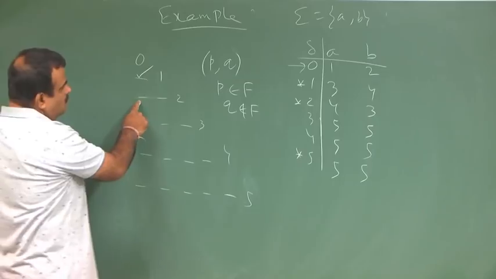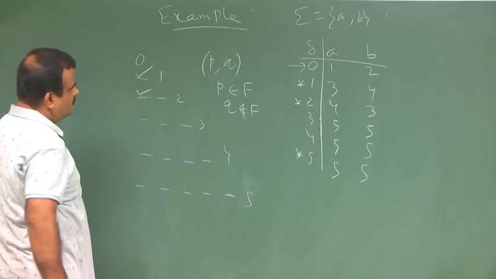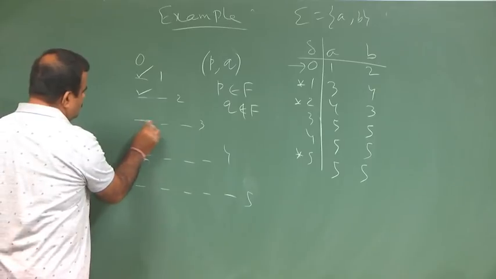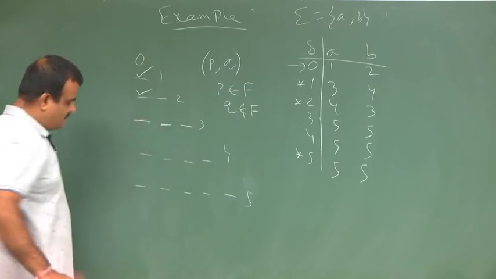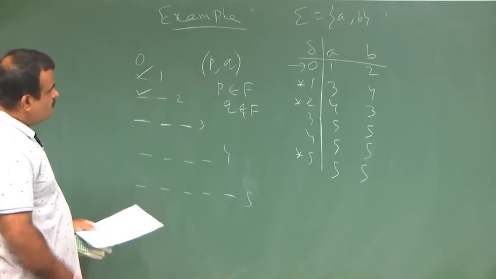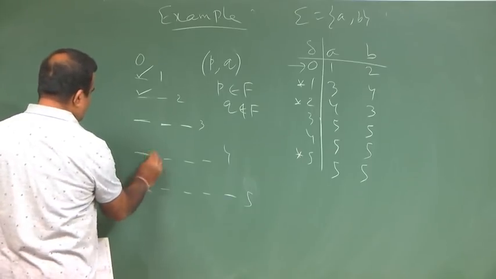Now, 0 2 also can be marked, 0 3 no, because in 0 3 both are rejected states, 0 4 no, 0 5 we can mark like this.